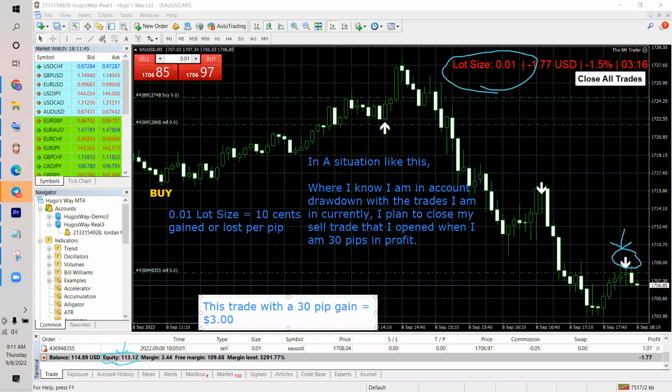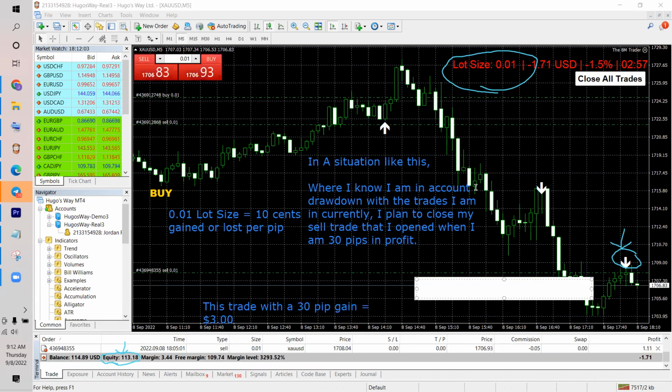Now, this number specifically, how come I'm looking for that? Remember what we were looking for the past couple of days. We were looking for a 3% increase in our account balance, which in turn was a 3% gain in our equity. So let's write that down.